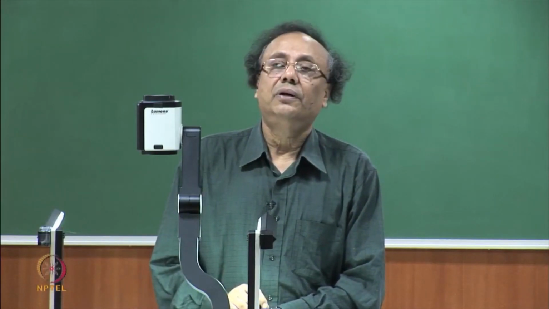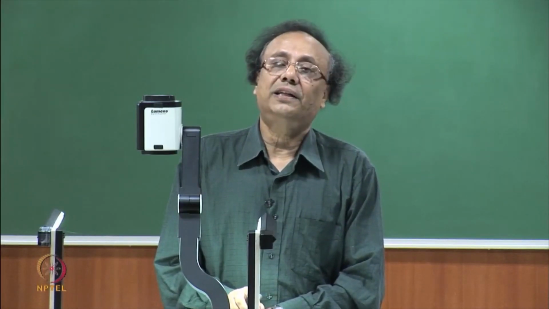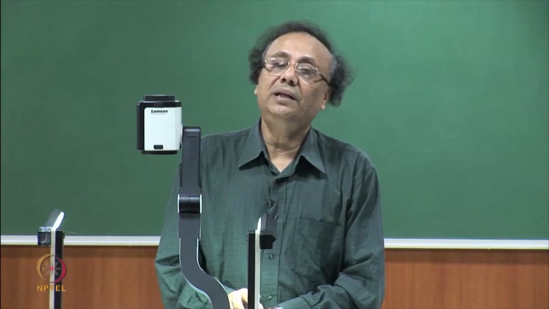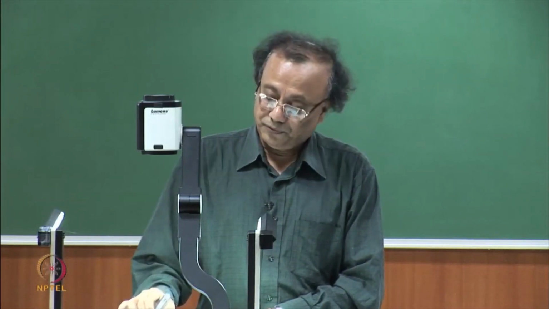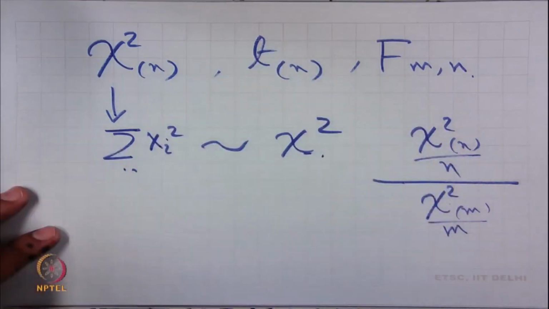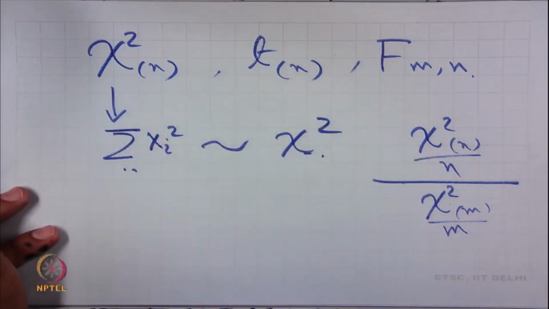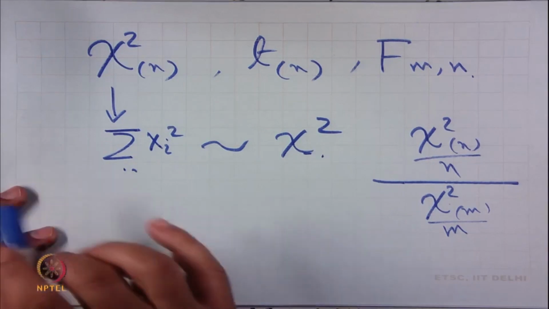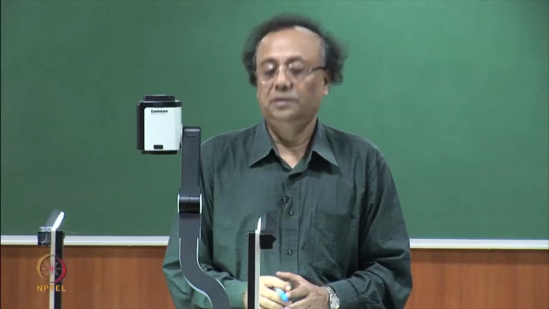Similarly, we will see later that T can be expressed as a mean upon standard deviation. So, from there we can look at the interesting property of the underlying population when we use the T distribution. So, all three of them have come from the normal distribution.